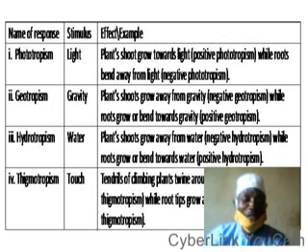Another type of tropism is geotropism. The stimulus for geotropism is gravity or earth. The effect of gravity on plant shoots is that the plant shoots grow away from gravity, which is negative geotropism.